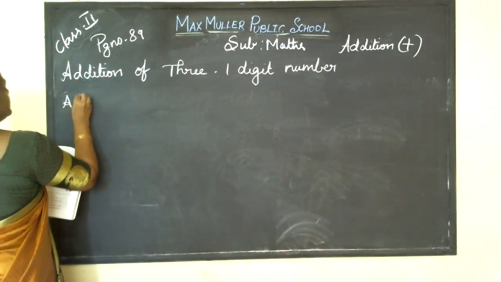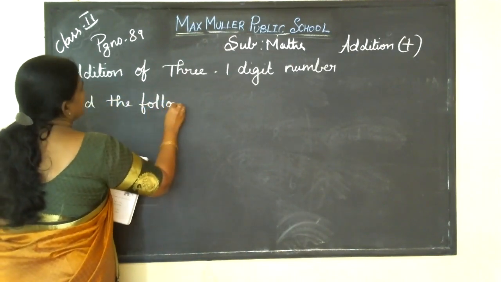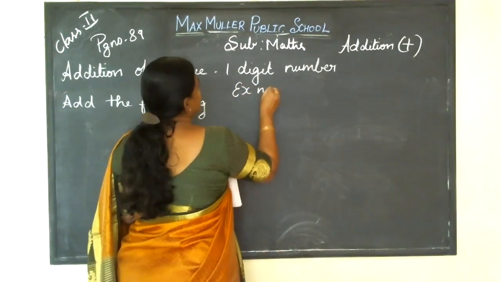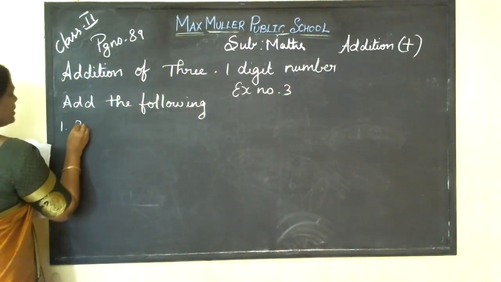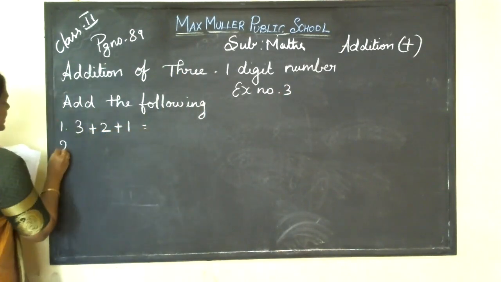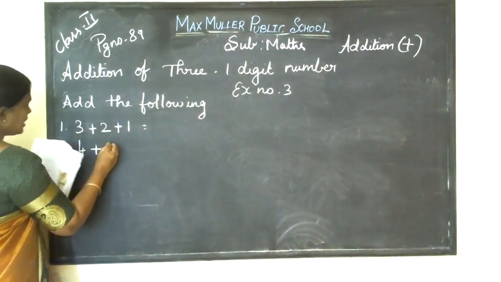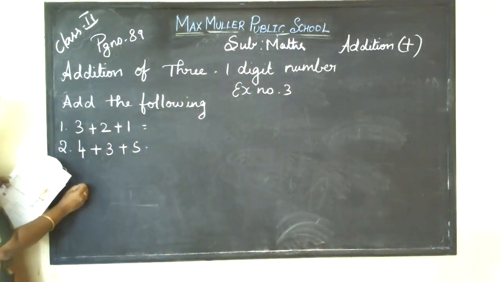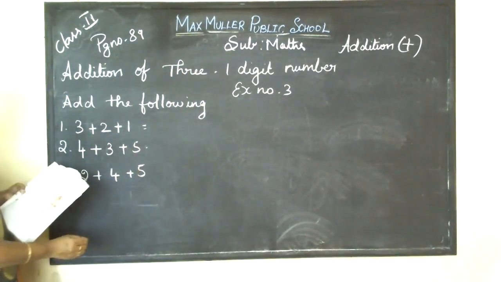Add the following. Exercise number 3. See, first one, 3 plus 2 plus 1 equals. Write in pencil. In the textbook, you use pencil only. 4 plus 3 plus 5. Third one, 2 plus 4 plus 5.